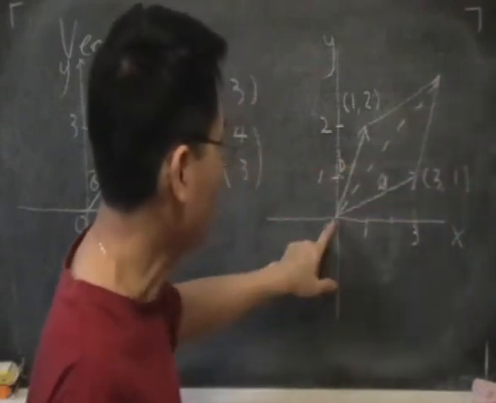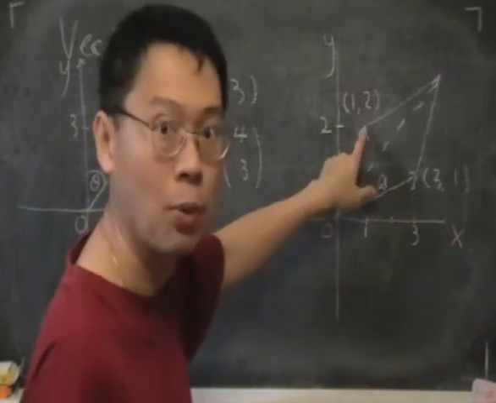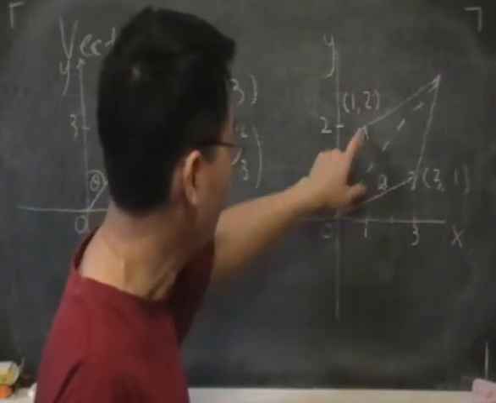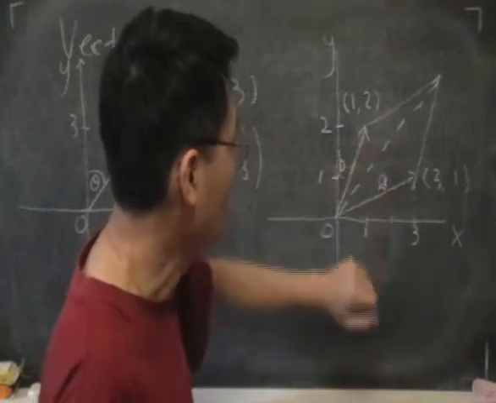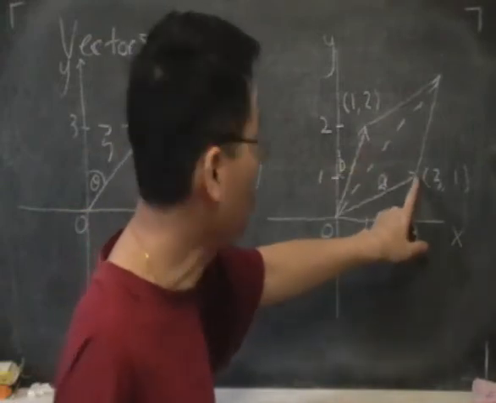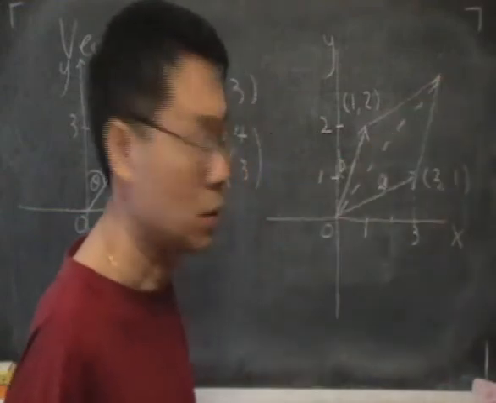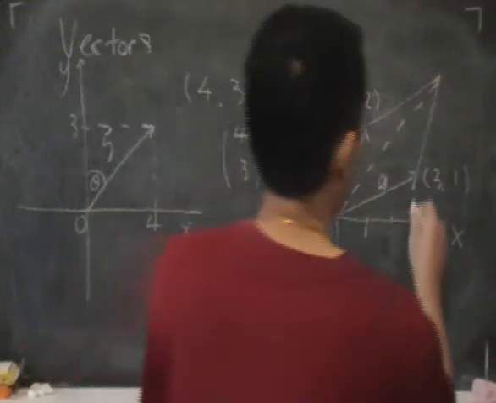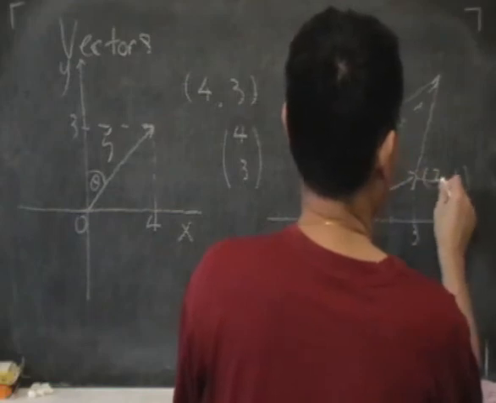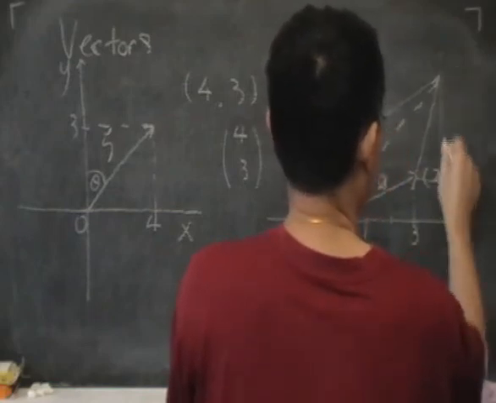Alright, because that's how I got from the origin to the tip of B. So from the tip of A, if I move 1 unit to the right and 2 units up, I get to that point.